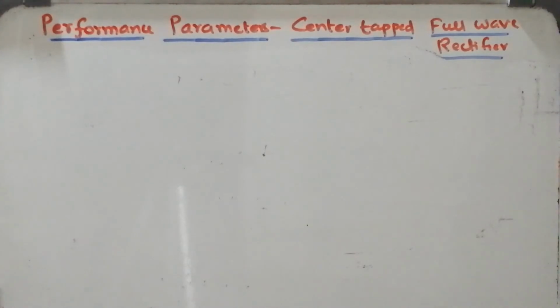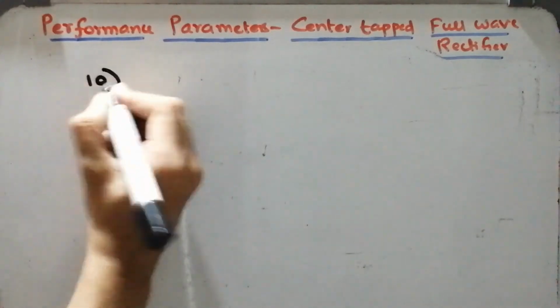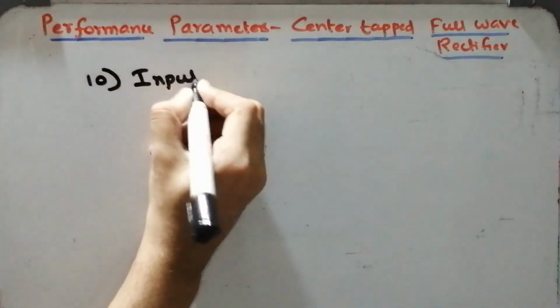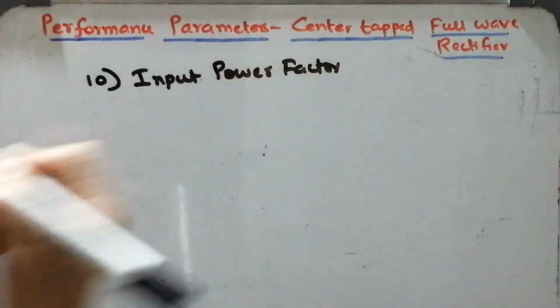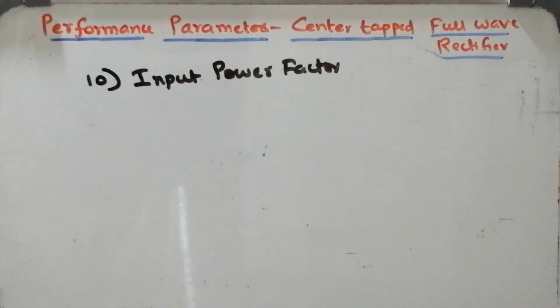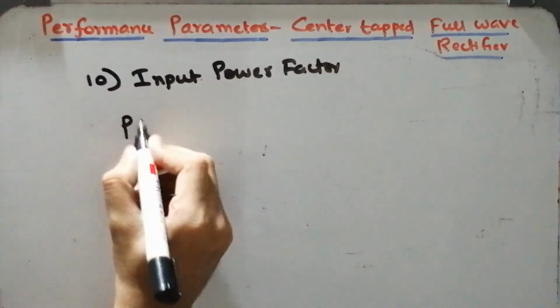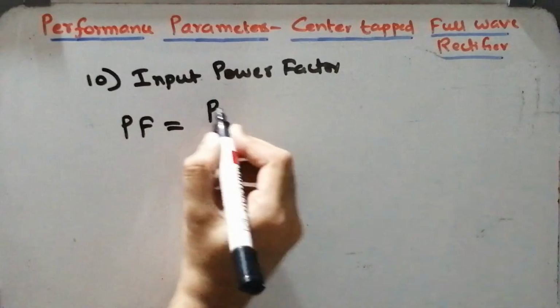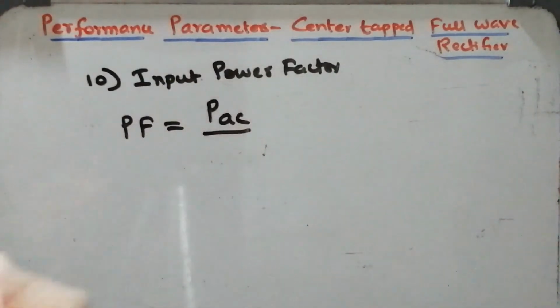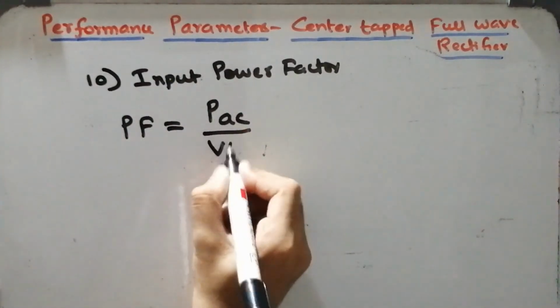Assume that I am using a resistive load or lighting load. That lighting load belongs to a pure resistive load. So I need to calculate the input power factor. Assuming a lighting load or resistive load, you can use the equation: input power factor is equal to PAC divided by volt ampere rating.